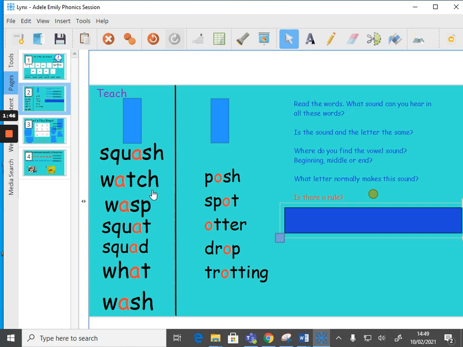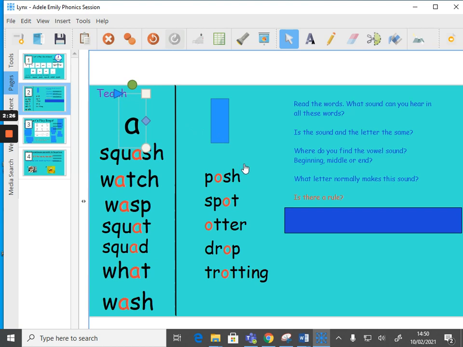Squash, watch, wasp, squat, squad, what, and wash. What sound can you hear in all of these words? That's right, it's the short O sound. However, when we are writing the short O sound, it is the letter A that we write.